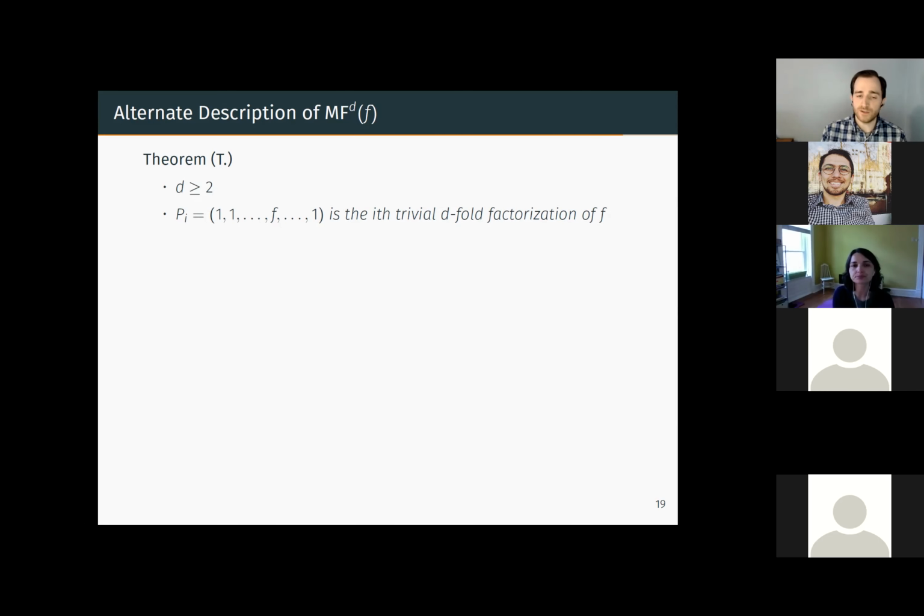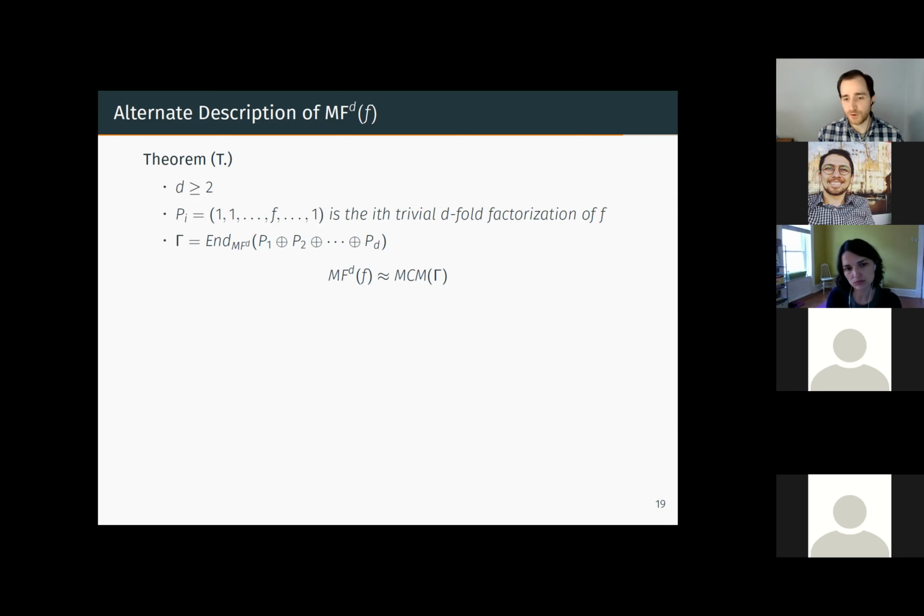So it's the same kind of idea we had before, except now with full D-fold factorization. We then let gamma be the endomorphism ring in this category of matrix factorizations of the direct sum of all of the trivial guys, P_1 up to P_D. And it turns out that the MCM modules over this ring are equivalent to matrix factorizations as well.